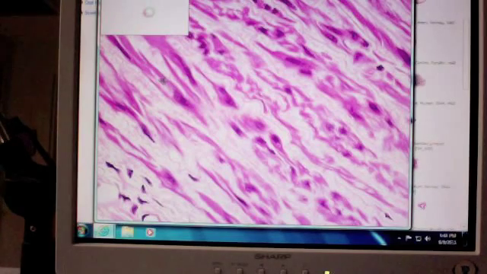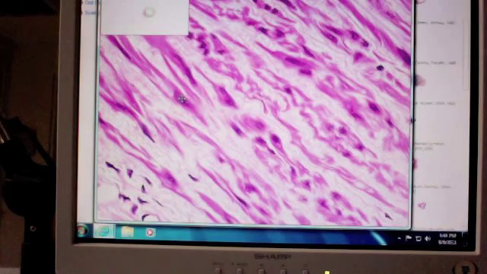There's nuclei in the center of this. We've got these little wavy fibers. So this tissue would be elastic tissue. And if I put the pointer, and the top of the pointer here is pointing at what kind of fiber? Elastic fiber. What kind of cell is this?